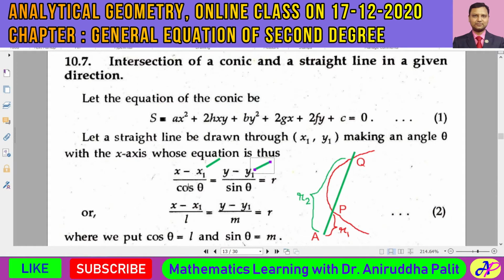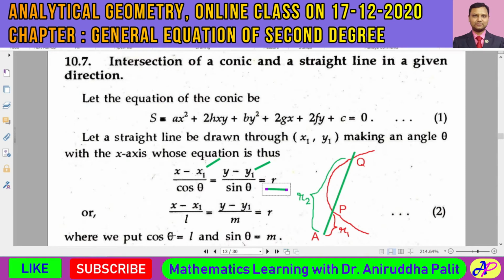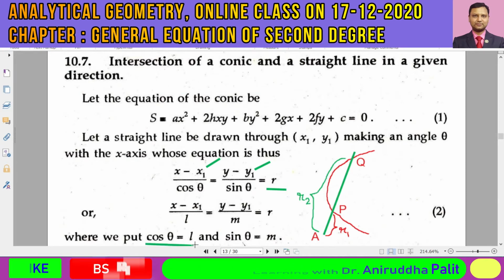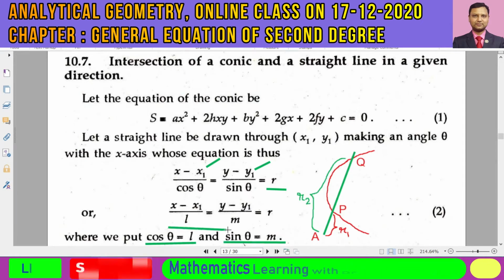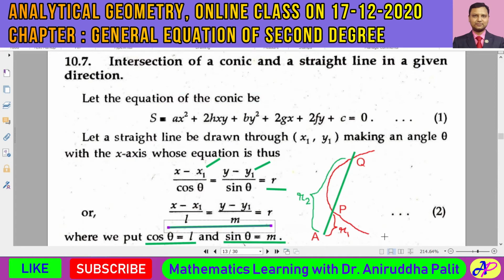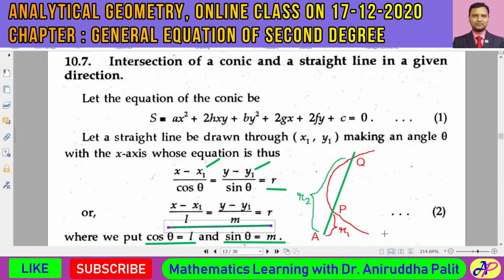So (x minus x1) by cos theta is equal to (y minus y1) by sin theta, and that is equal to r. Now for our convenience, we are writing cos theta is equal to L and sin theta is equal to M, so that this equation can be written as (x minus x1) by L is equal to (y minus y1) by M, that is equal to r.